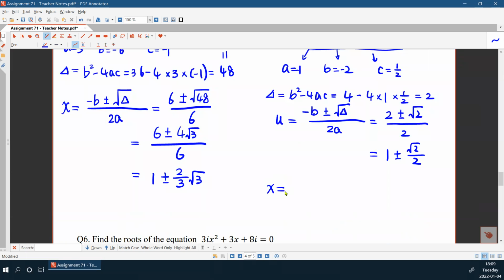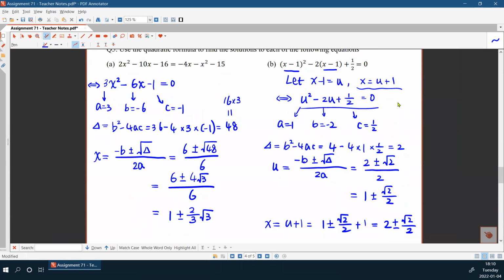So x equals u plus 1, which is (2 plus or minus square root of 2) over 2, then plus 1, right? Which is (4 plus or minus square root of 2) over 2.